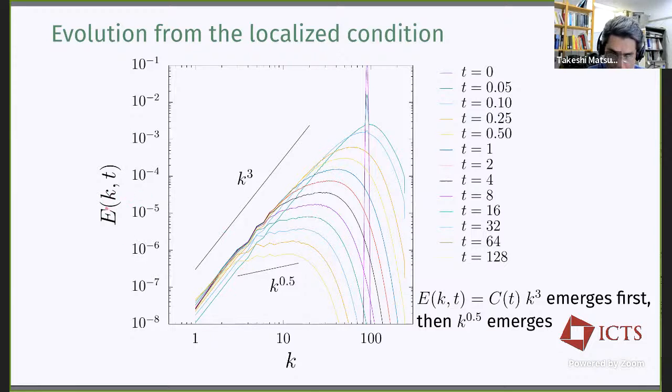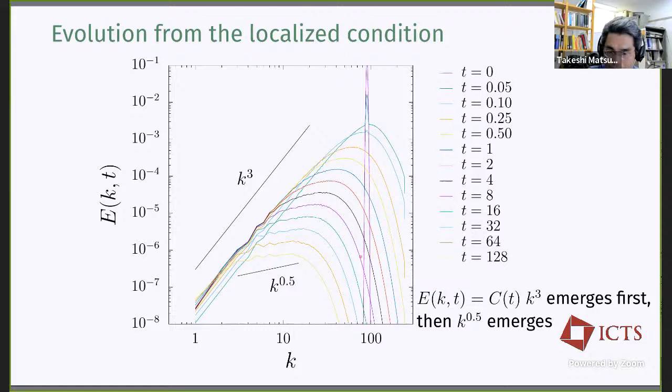Since this is a log-log plot, this low wave number part looks rather straight. Here I just show you, as a guide, a k to the third slope. So this low wave number energy spectrum, spontaneously chosen from the hyperviscous Navier-Stokes equation, is maybe close to k to the third.